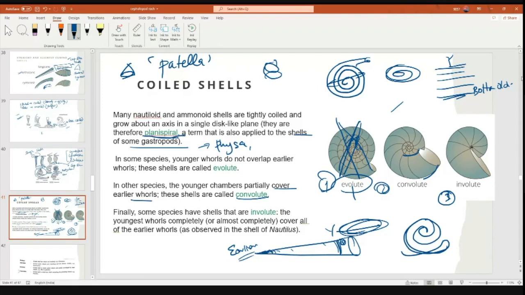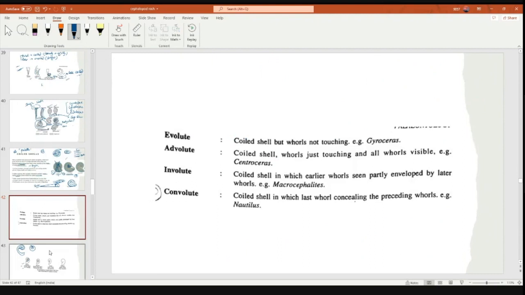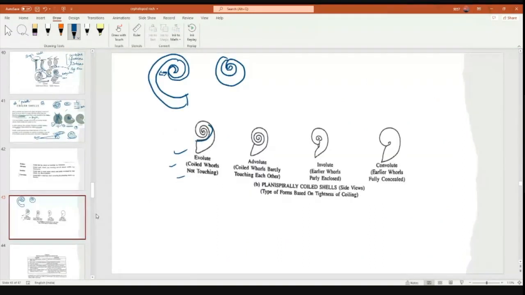So in convolute, generally the younger chamber, you can see in this portion how they are enclosed. They are embraced or partially closed, not totally closed here. These are the partially closed initial chambers. The chamber that was formed first is being closed quite a lot, so it will be convolute. Let's see the book definition. Convolute: early chamber fully concealed.